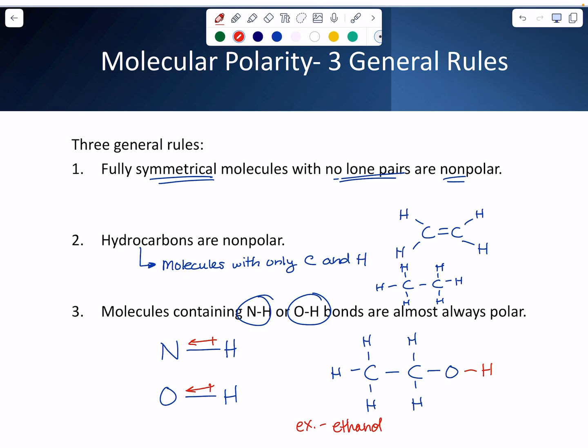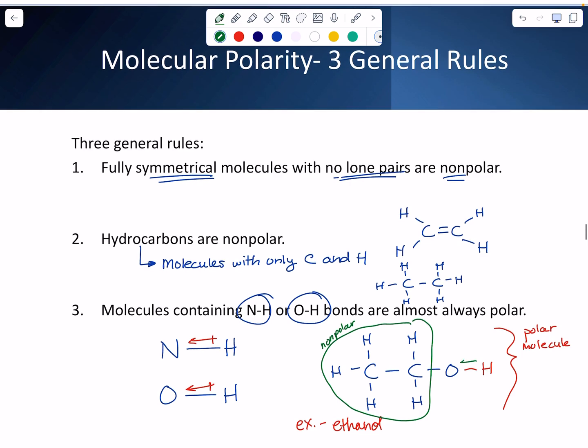So this is a polar molecule. And again, it's got a nonpolar portion, right? This part has nonpolar bonds, and this part is nonpolar. But we've got this polarized portion. We've got some lone pairs here, okay?